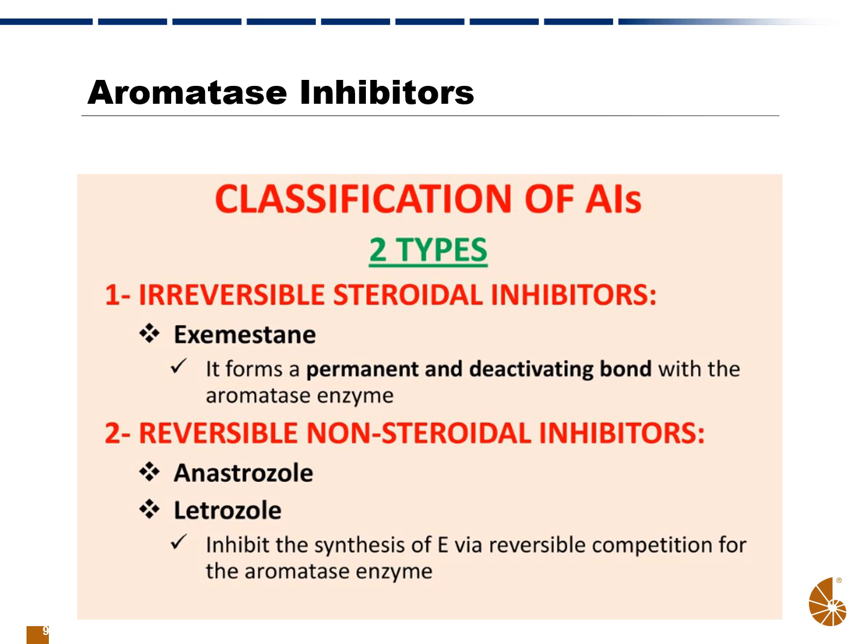And the second type is reversible non-steroidal inhibitors, like anastrozole, which is more commonly used. These are reversible, so it's not a permanent bond, but it still has the effect of blocking the ability of the cancer cells from growth.